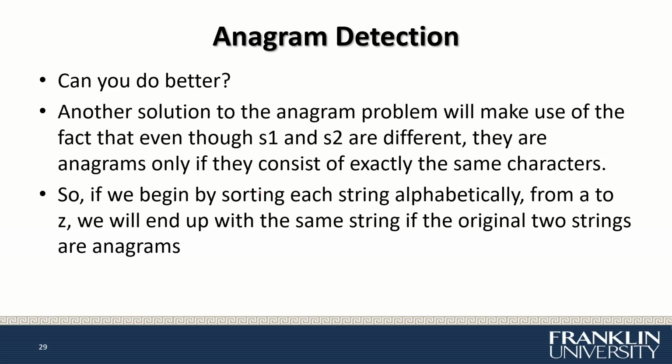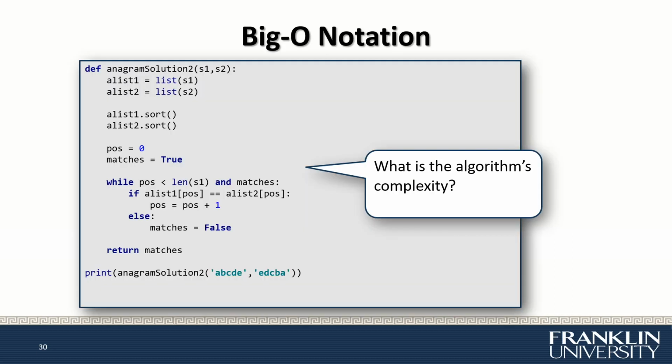Another solution: two words are anagrams if they have exactly the same characters. So what happens if you sort them? You sort S1 and you sort S2, and then you compare them. They must have the same characters if they are anagrams, right? So you come up with this.